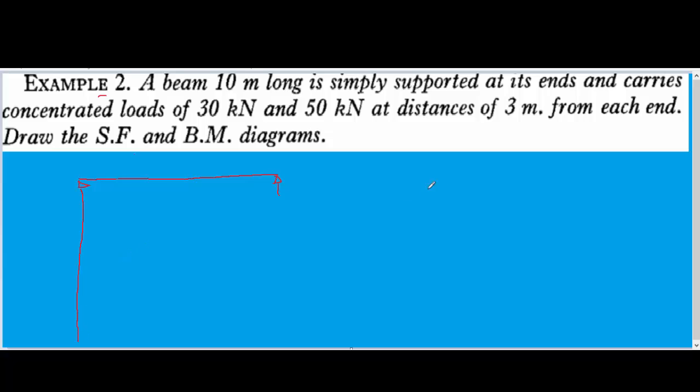So create a sketch of this nature. So we have already gotten the reaction at point A and at point B.